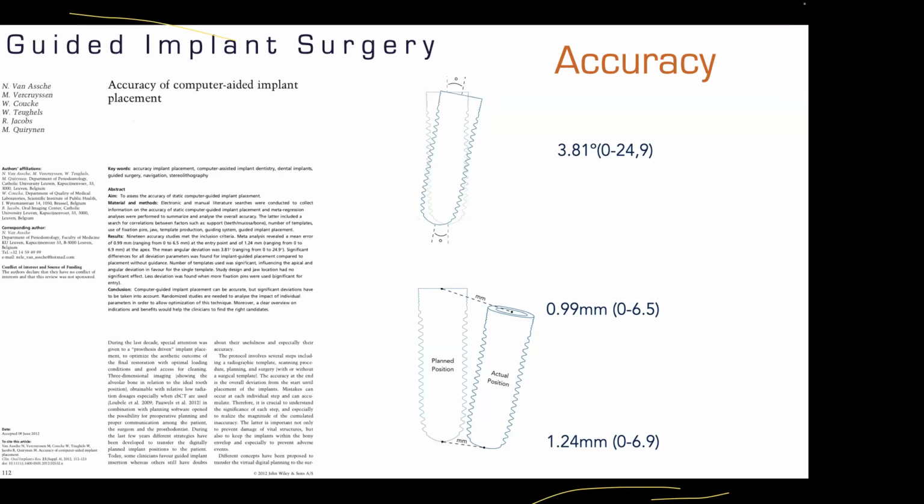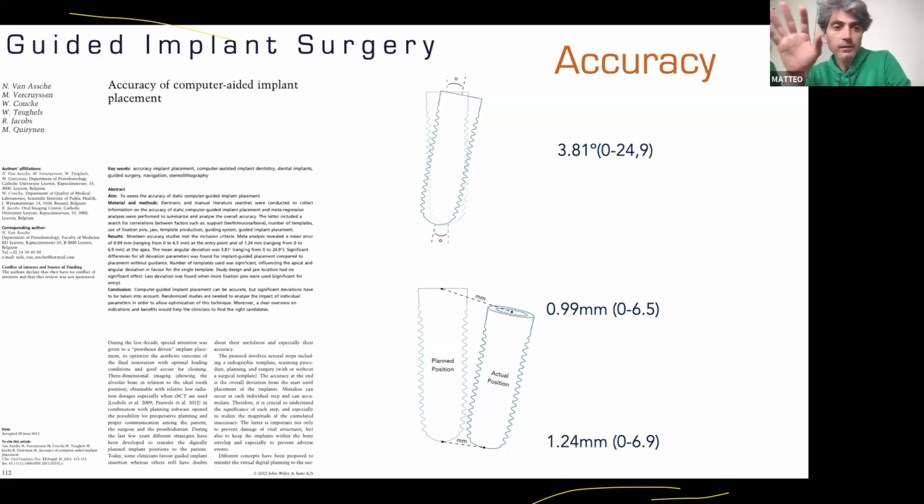Да, в среднем, разница между положением имплантата, которое мы запланировали в программе, и тем, что мы получаем в полости рта, 3-4 градуса. С точки зрения положения шейки имплантата и апекса, расхождение может быть 1-1,5 миллиметра.